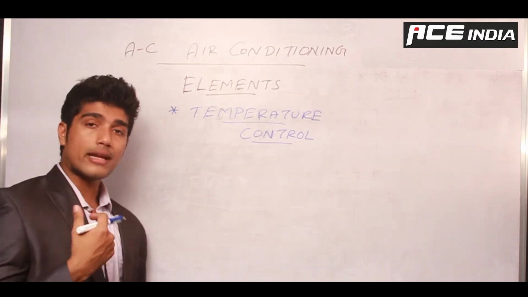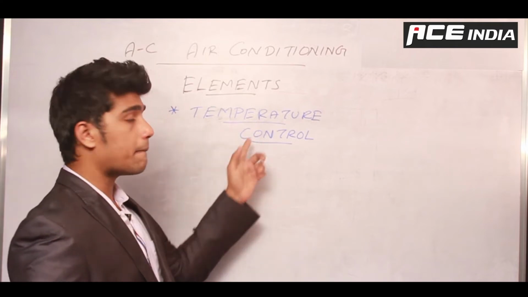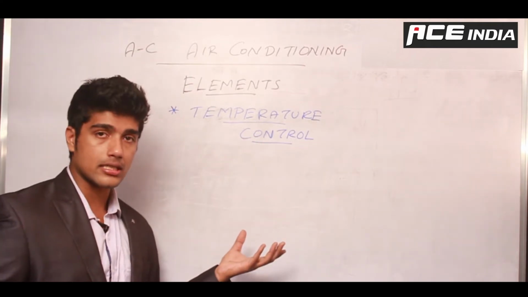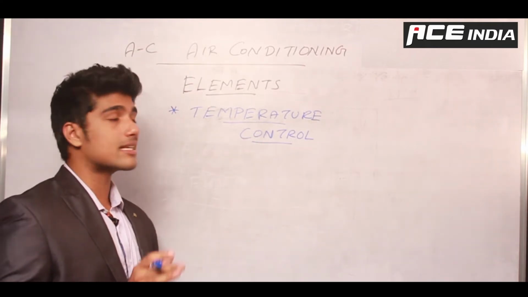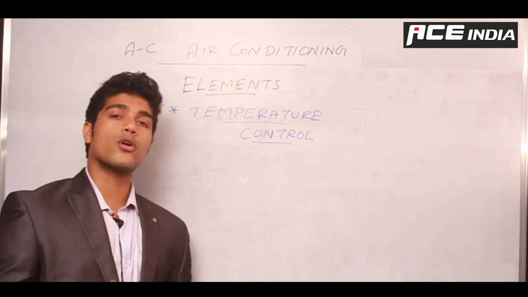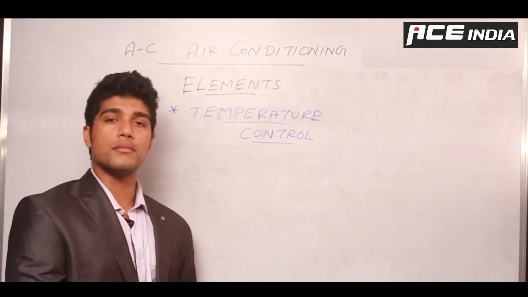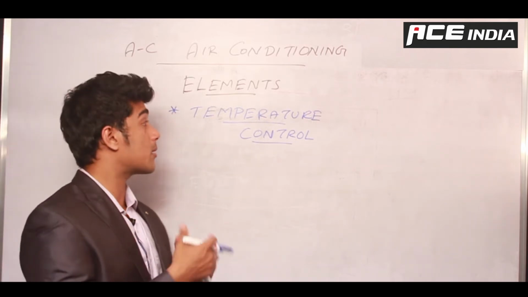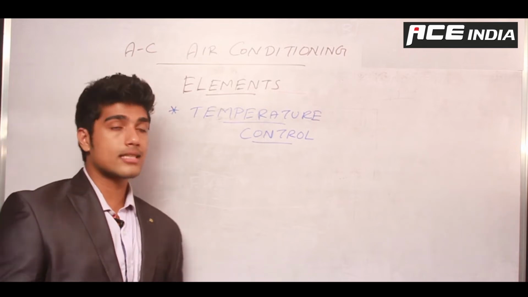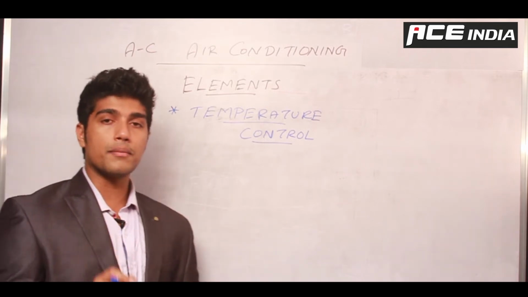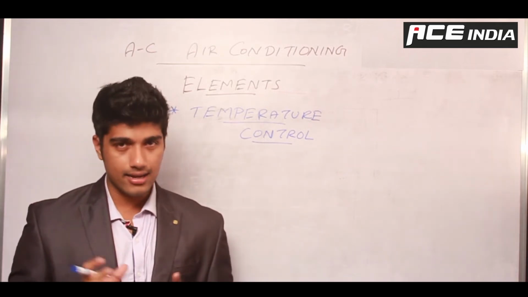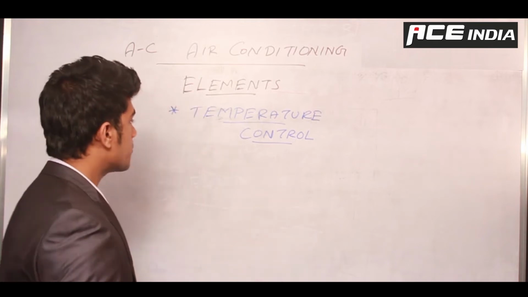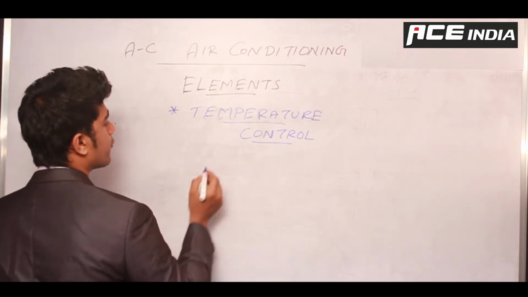Now if I want to go for temperature control, I need to understand what temperature is and how to measure it. Temperature in simple words is the degree of hotness or degree of coldness of something, of a system, in thermodynamical terms. So if I say temperature, I only mean the temperature of room air, or the air inside the room, right? To measure temperature, I have different units.